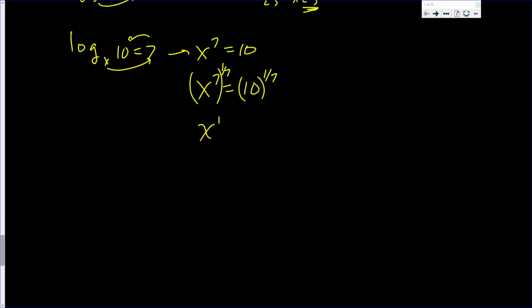And x to the 1 is x. So x is 10 to the 1/7, or you may want to write it as the 7th root of 10. Either one is perfectly correct. x is equal to one of those two ways of writing it.